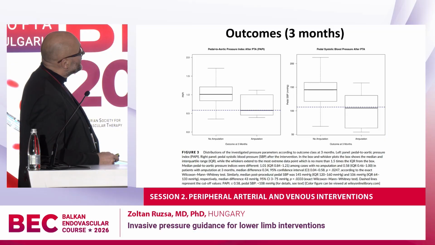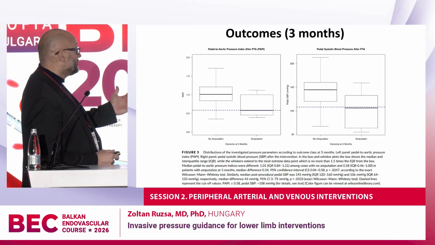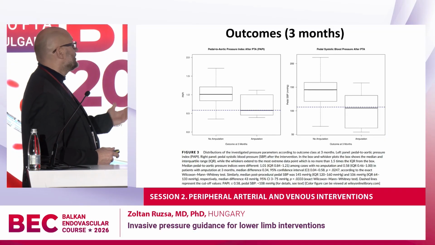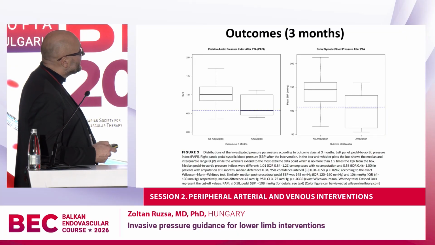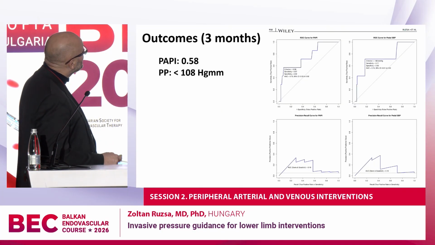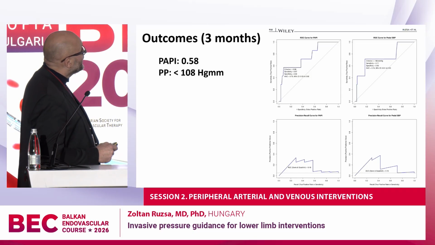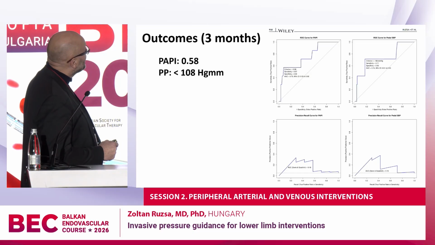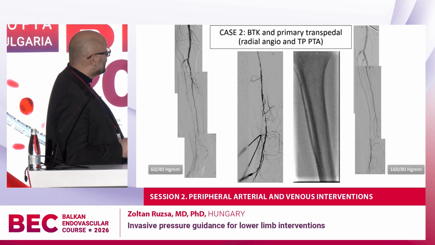In the patients with amputation and no amputation, in patients with amputation, the final pedal pressure is lower, and the cutoff at 3 months for bad results is an index of 0.58, and if the pedal pressure was up to 108, then we have a good outcome.